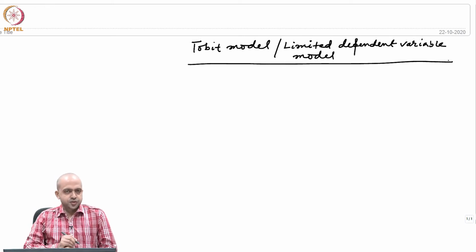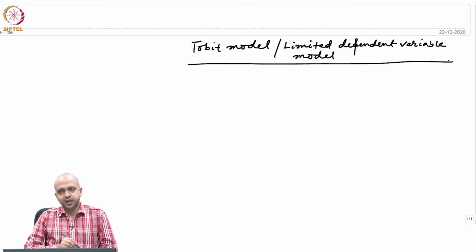Before we discuss the Tobit model, let us go back and look at the linear probability model, Probit model and Logit model. These are the three models we have discussed so far. If you recall, in all these three models, what is our objective?